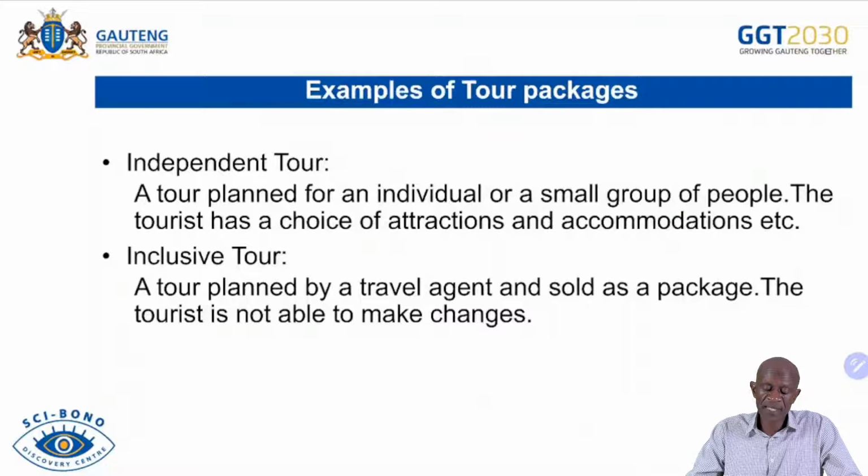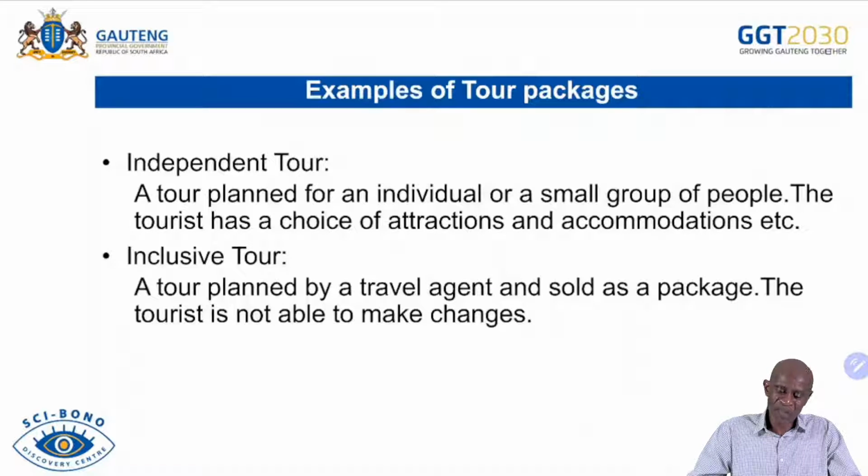Another package that we have, it's an inclusive tour. This kind of a tour is planned by a travel agent and sold as a package. It is sold as one thing. The tourist here is not able to make any changes.